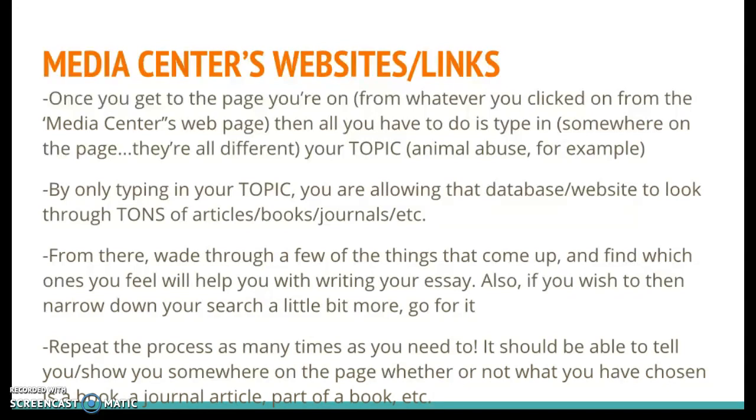After that, if you wish to narrow down your search by doing your actual thesis statement, like part of it, then you can do that. And you will repeat that process as many times as you need to. And somewhere on that page, it should be able to tell you or even show you whether or not you've chosen a book, an ebook, a journal article, a part of a book, etc.